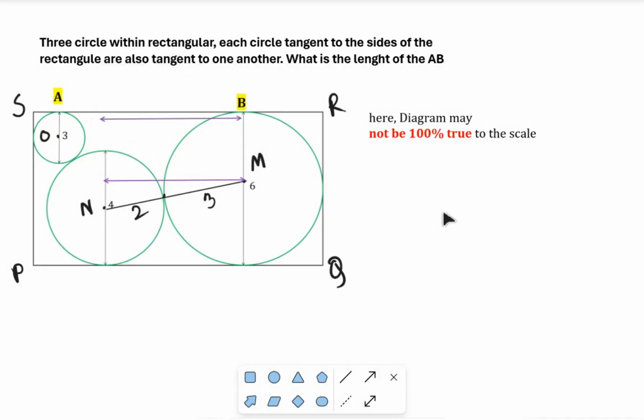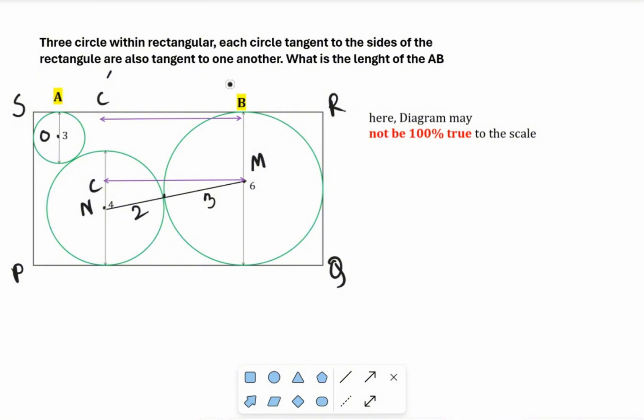If we can determine the length M to another point, let's say C, so MC is equal and parallel to BC prime, which is one of our important goals to determine.